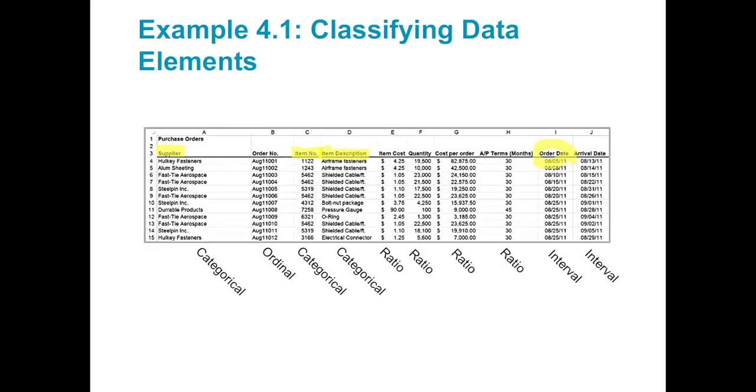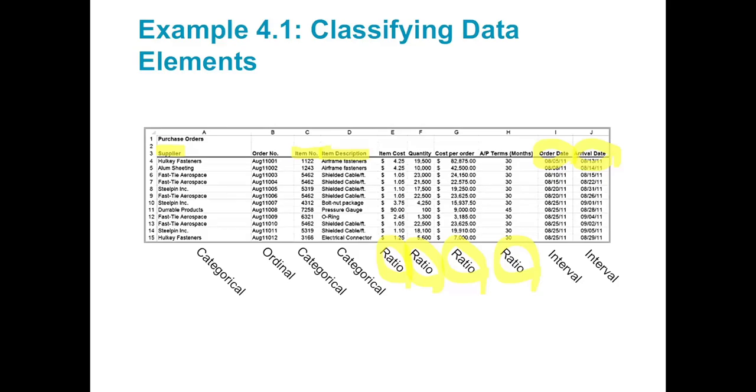Order date and arrival date are intervals. Dates have a consistent scale and we can meaningfully subtract 2 dates to get elapsed time, but there's no true 0 date. Then we have item cost, quantity, cost per order, and AP terms being all ratio data because they have a true 0 and ratio comparisons make sense.